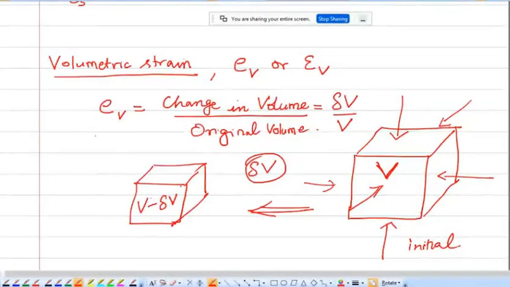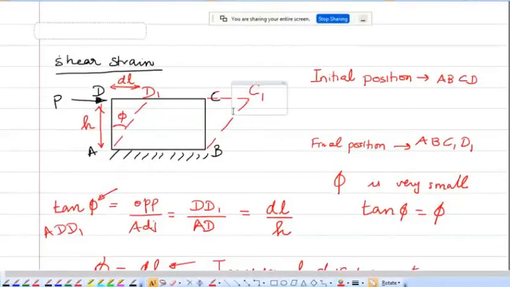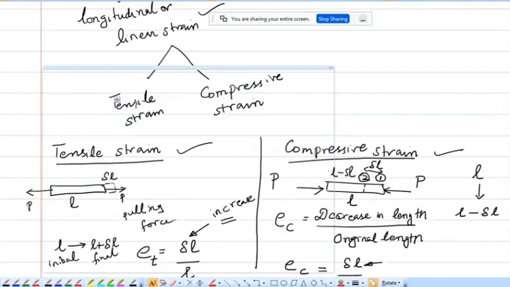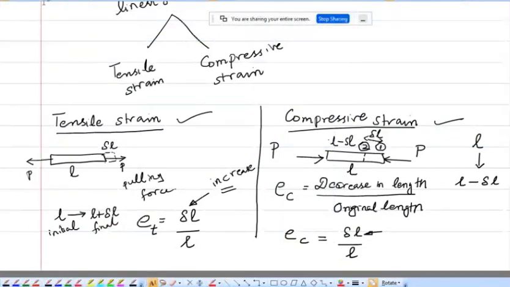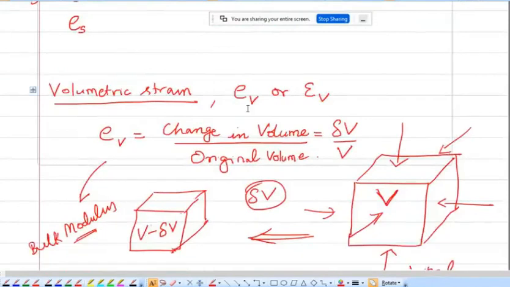This volumetric strain concept is used in defining bulk modulus, which we will see in the subsequent lectures. So these are all the various types of strain. First we have seen linear strain, in which we studied tensile strain and compressive strain, and then shear strain, after that volumetric strain.